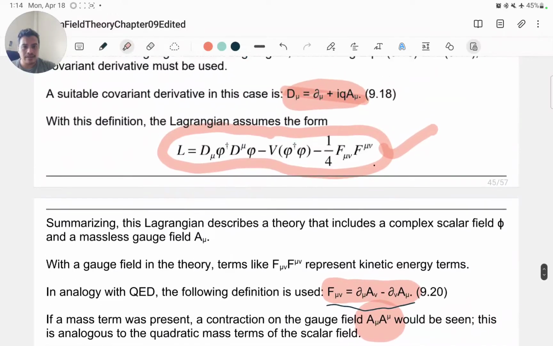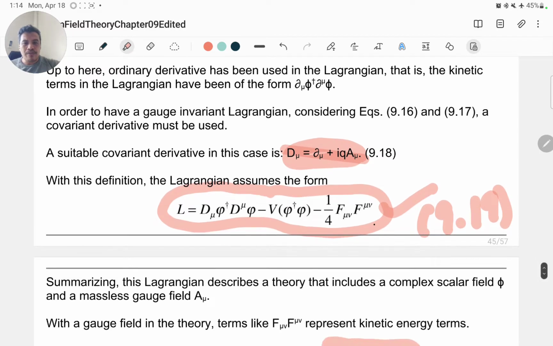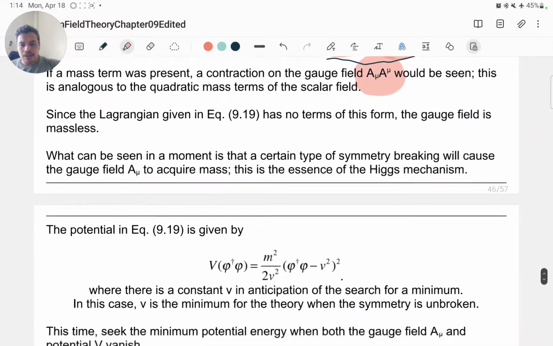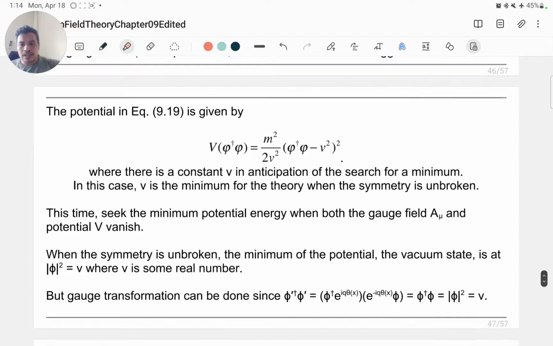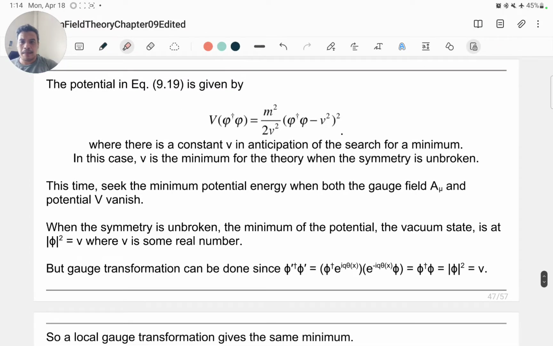going back, this is 9.19. So if you go back there, the potential is given by this.